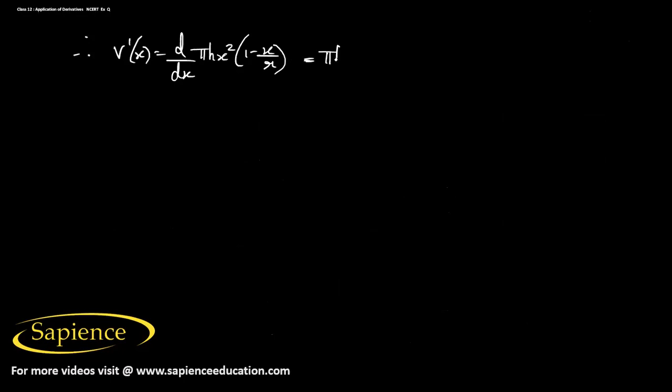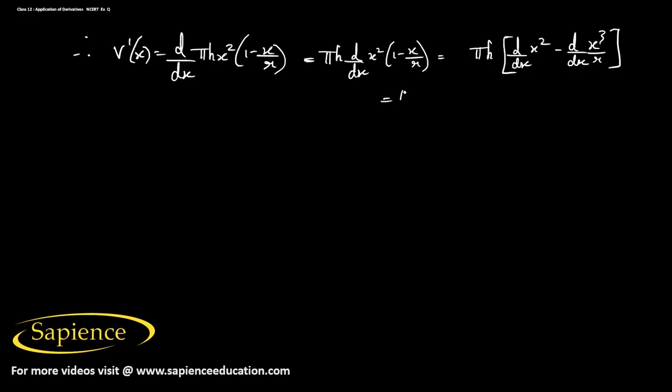That is pi h into d by dx of x square minus d by dx of x cube by r. So that will be pi h into 2x minus 1 by r into 3x square, which should be equal to 0.